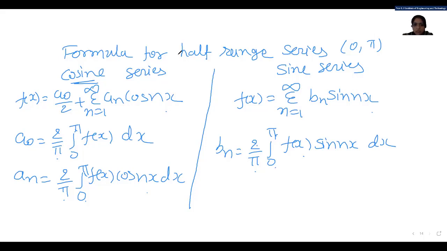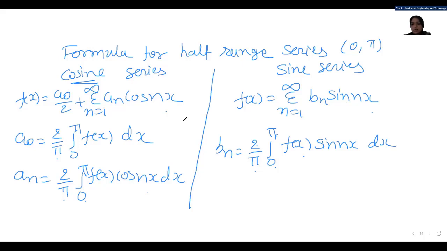If you see carefully and remember, this cosine series is similar to even functions, and this sine series is similar to odd functions. So what is the difference, and how do you recognize in the exam whether you have to apply even function, odd function, or half range series? I will give you a tip.